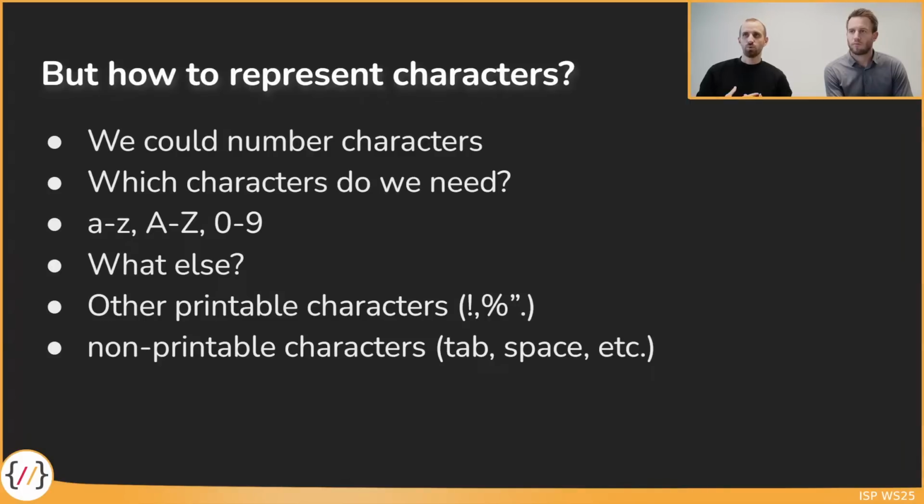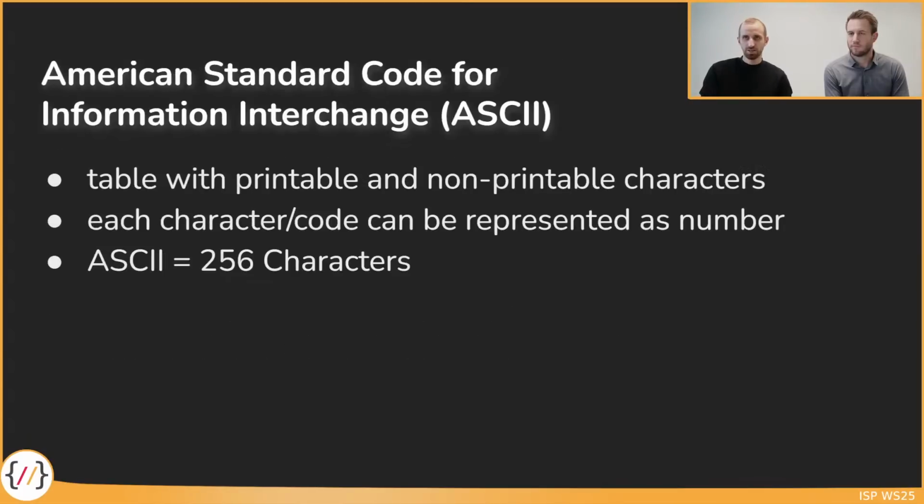So we somehow want to represent these characters, but a computer lives in a very numeric system. Everything is just a number, and a computer does not really know what an A, a B, or a C is. So how does this work?